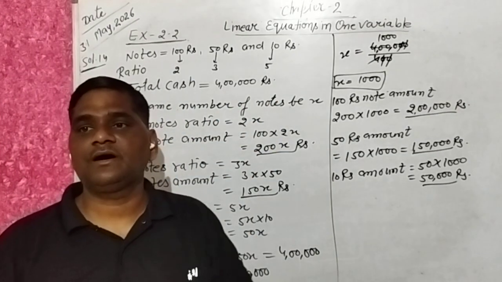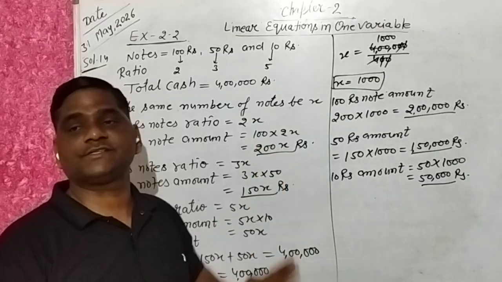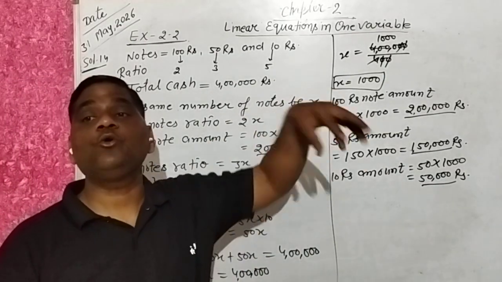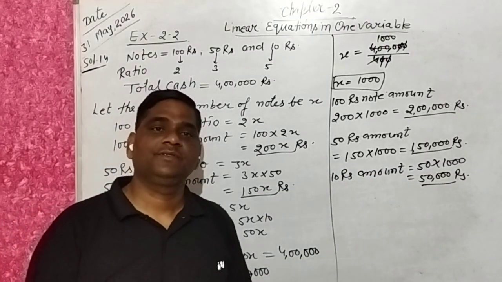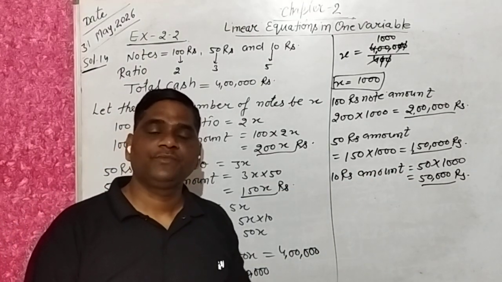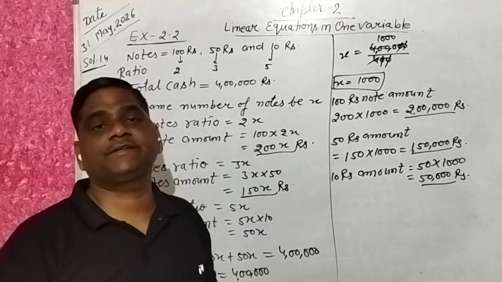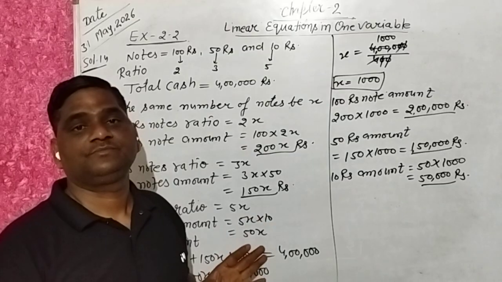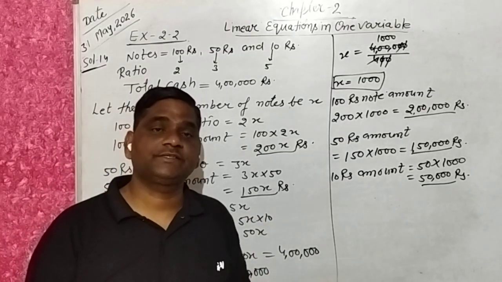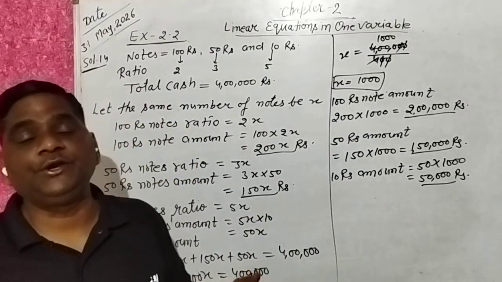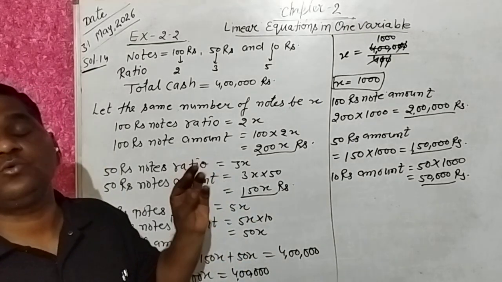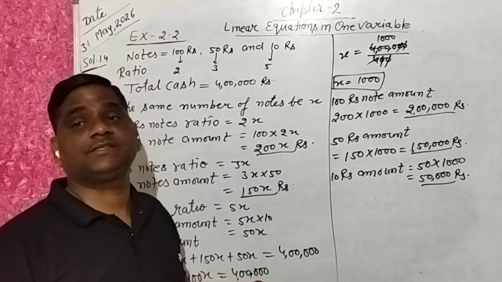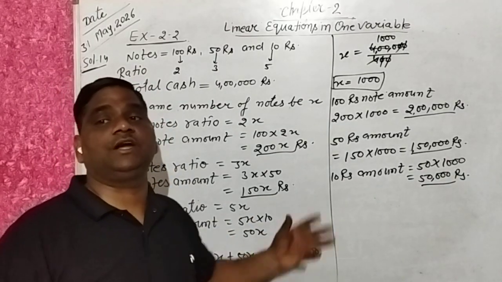Same ratio x: 100 rupees notes 2x into 100, amount will be 200x. Similarly 50 rupees note 3x, so amount 150x. 10 rupees ratio 5x, so 10 into 5x is equal to 50x. Total amount 200x plus 150x plus 50x is equal to 4 lakhs.